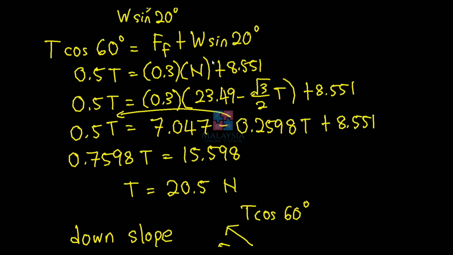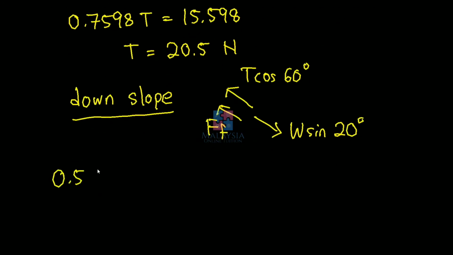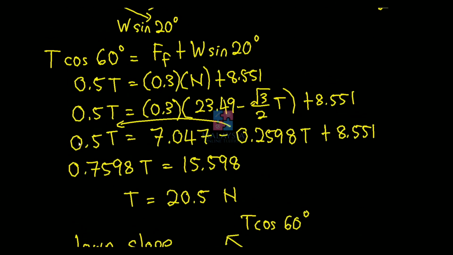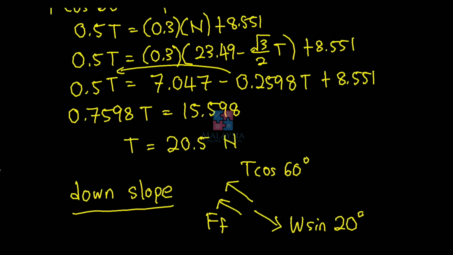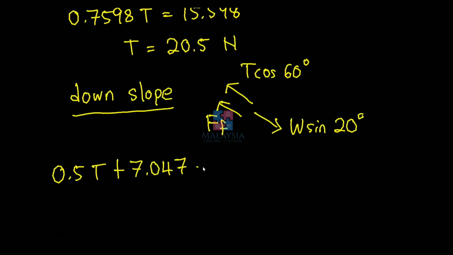So taking from our previous equation, we will get frictional force on the left side, so we will have 0.5 t, and then let's just take all the values from here, so 7.047 plus 7.047, and then minus 0.2598 t equals our w sine 20 degrees will be 8.551.